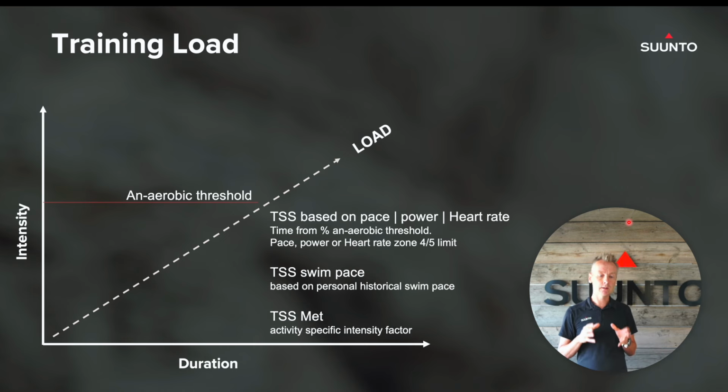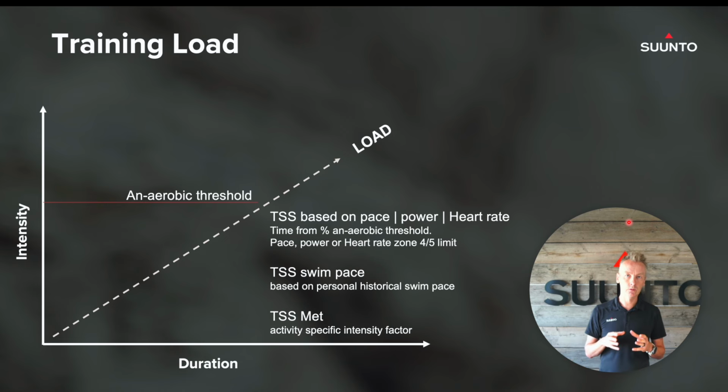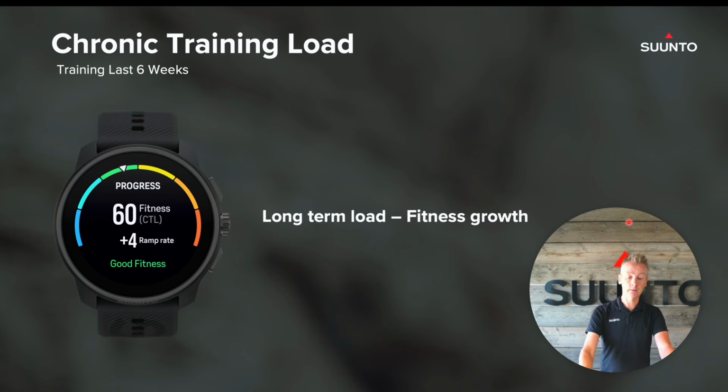So that's the reason: we want to ensure that every workout has a load number, because then it's easier to provide guidance on how to train properly. In order to get the best possible metrics, please use the heart rate, pace and power values, and set up your zones accordingly in the Suunto watch.